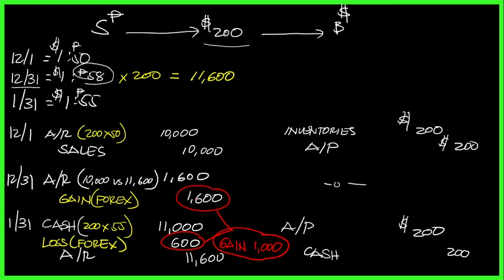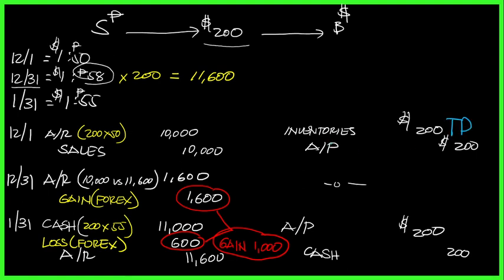So these are just some of the common questions. Like with the fluctuation in the exchange rates, what will be the value of the inventory? Take note, the assets acquired will be measured based on their historical value, so you value them based on the transaction date.